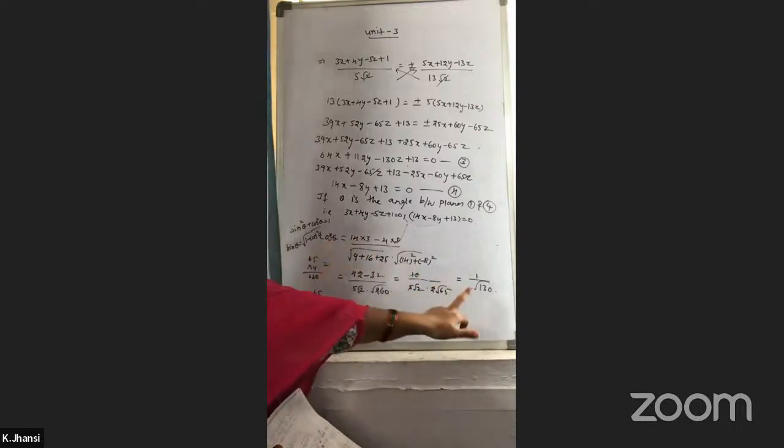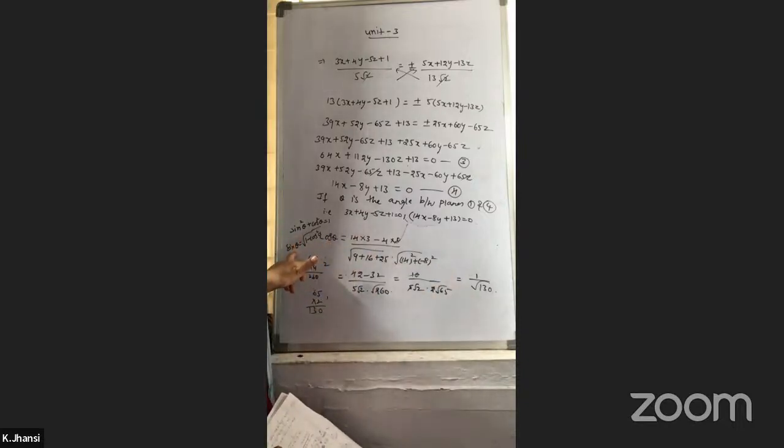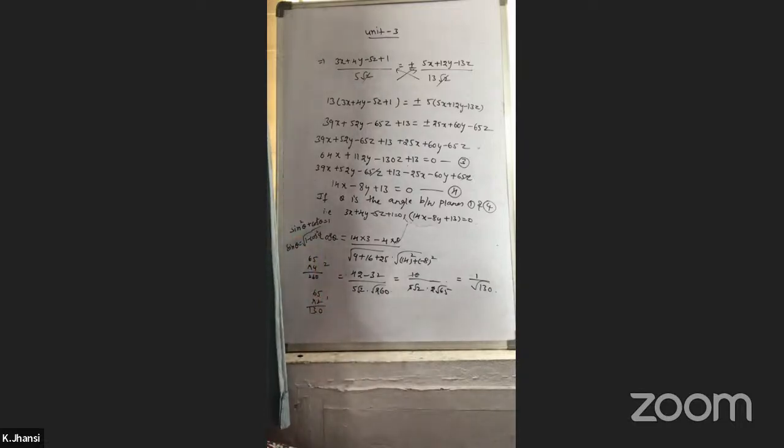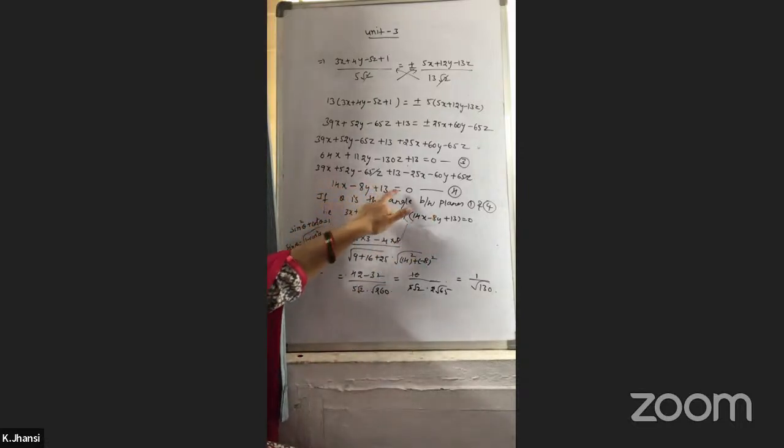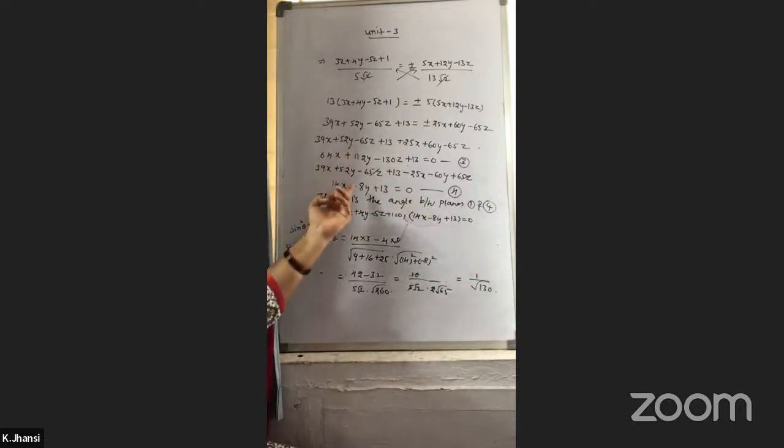If you substitute the cos value in this, you will get the sin theta value. And after that, tan theta is sin theta by cos theta. After the procedure, you will get the sin theta value and also the cos theta value. If tan theta is greater than 1, then you can tell that this plane, 14x minus 8y plus 13 equals 0, is the plane which is making the obtuse angle. Okay.